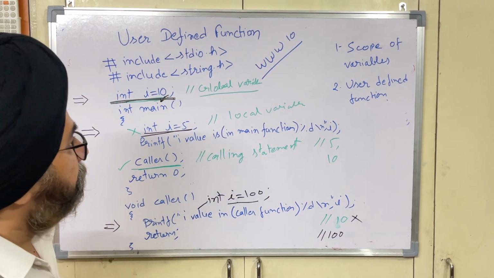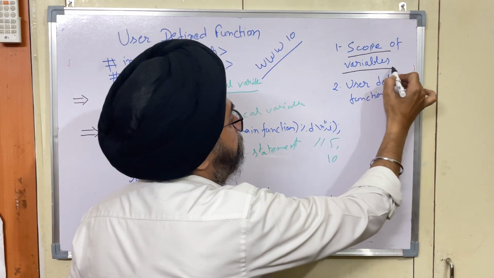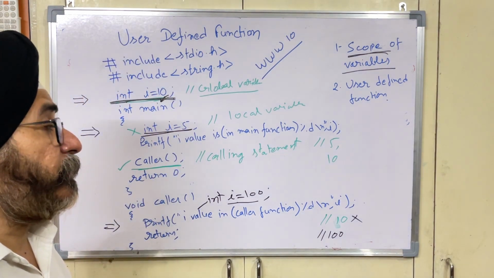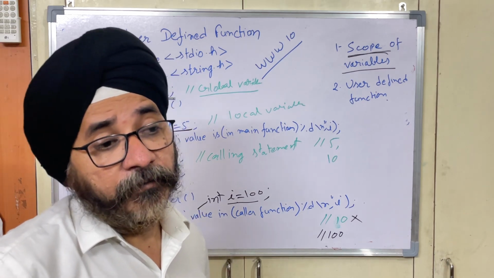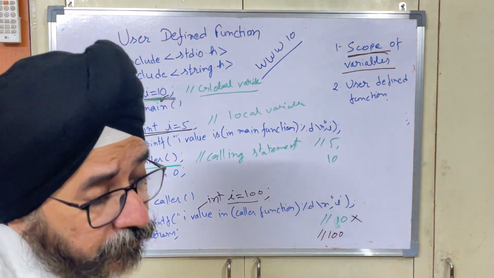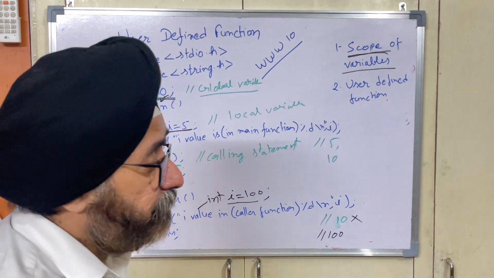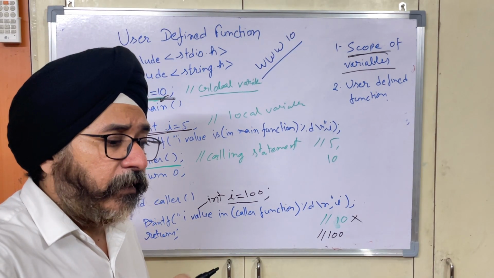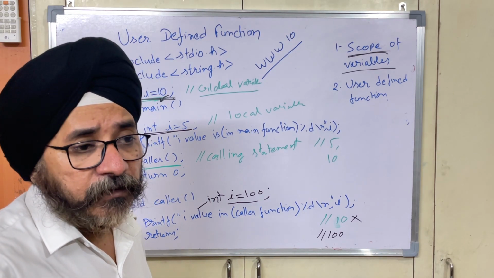So students, in this way I am using the scope of variables. It's an important part. In the next chapter we discuss user defined functions. Now we are going more advanced in the topic of C. So please do exercises. I am not giving you practical programs on the computer screen.